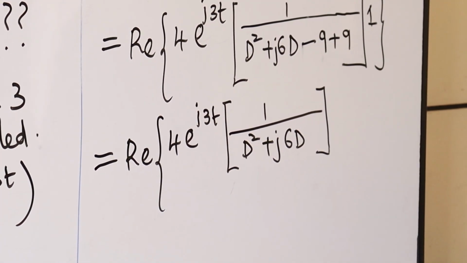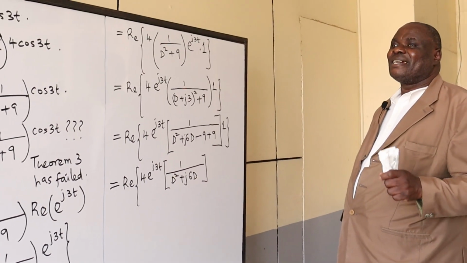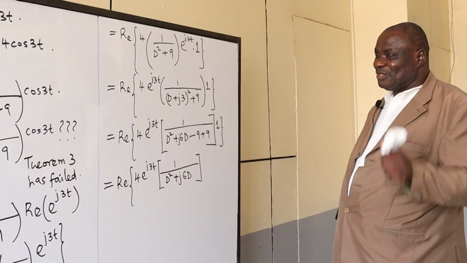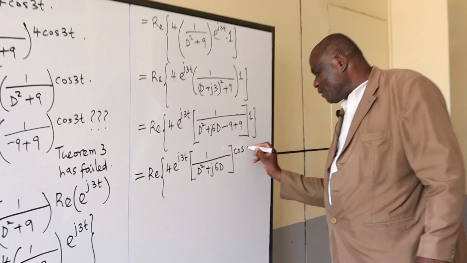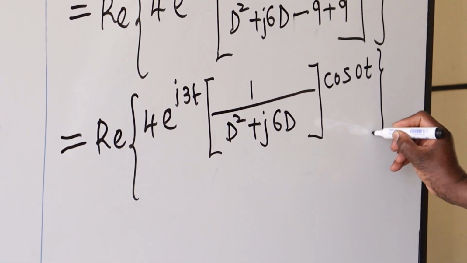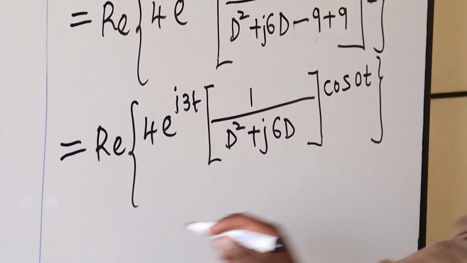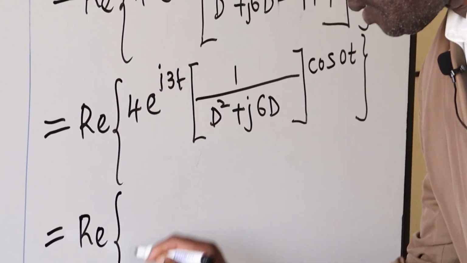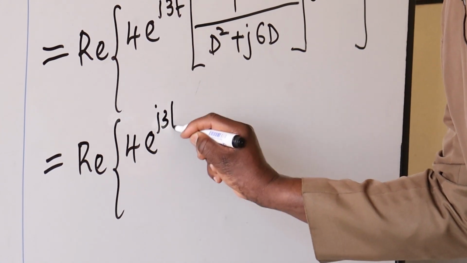1 can be called e power 0t, t power 0. It can also be called cos 0t. So we use cos 0t here so that we shorten the working. Cos 0t is also 1. This will be equal to the real part of 4 exponential j3t.